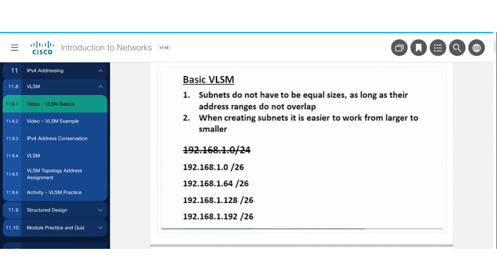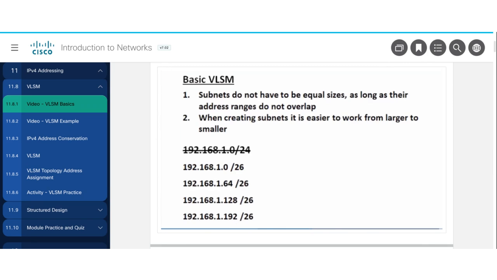With VLSM, or variable length subnet masks, I can decide that I want to change one of these subnets and further subdivide them into smaller subnets, as long as the subnets that I create do not intrude into the other subnets. For instance, I could take this 192.168.1.192 subnet. The address range goes from 192 all the way up to 255.